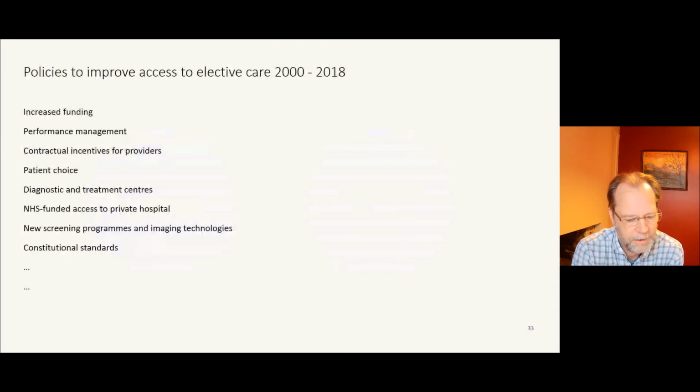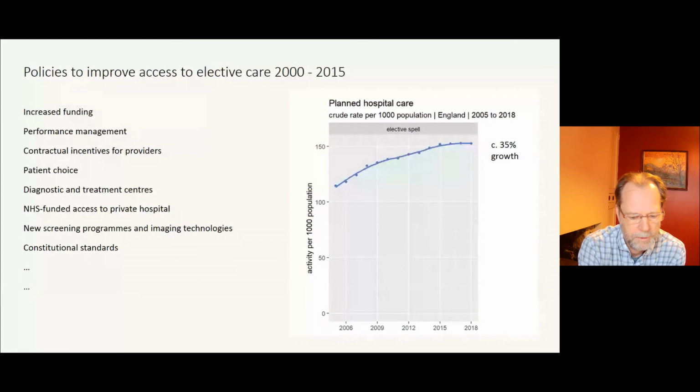For about 10 years from the early 2000s, the government introduced several policy initiatives that address this issue: increased funding, contractual incentives for providers, patient choice, NHS funded access to private hospital care, and many others. Between 2005 and 2018, rates of elective admissions increased by about 35%, and waiting times also reduced substantially, at least until the early part of the last decade.